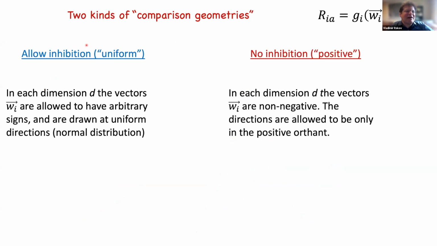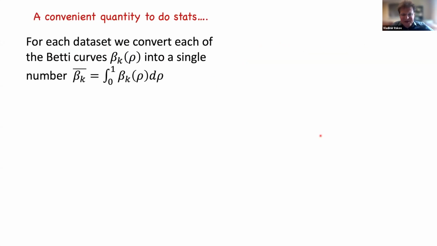One is no inhibition, which is that all the directions are born equal in the olfactory space. And another is inhibition allowed, that is, some directions are preferred over the others.